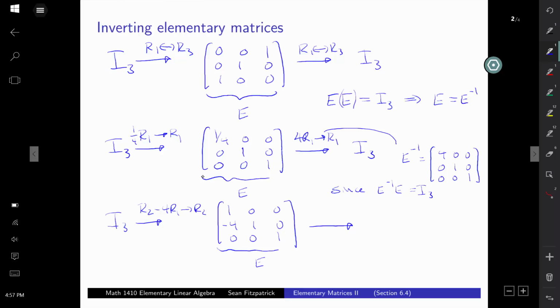How would I do that? I'd take 4 times row 1 and add it: row 2 plus 4 row 1. Instead of subtracting, we add. Or if I had originally added, I would subtract. And that takes me back to the identity. So again, the inverse must be 1 0 0, 4 1 0, 0 0 1. So to invert an elementary matrix, you just do the opposite row operation.